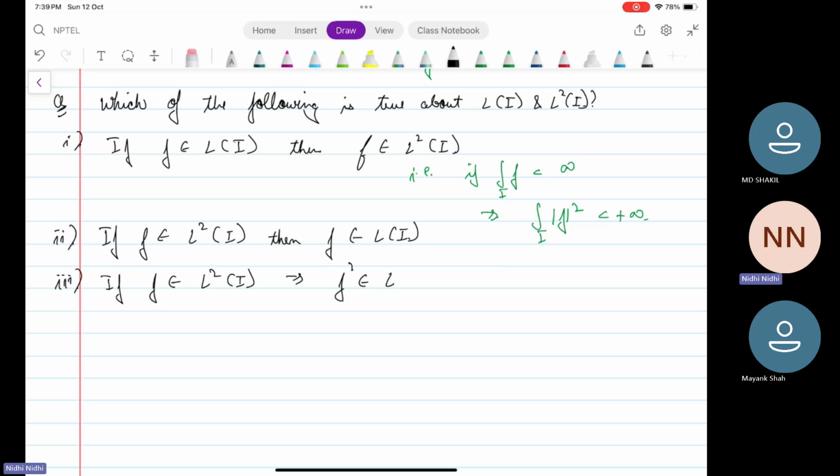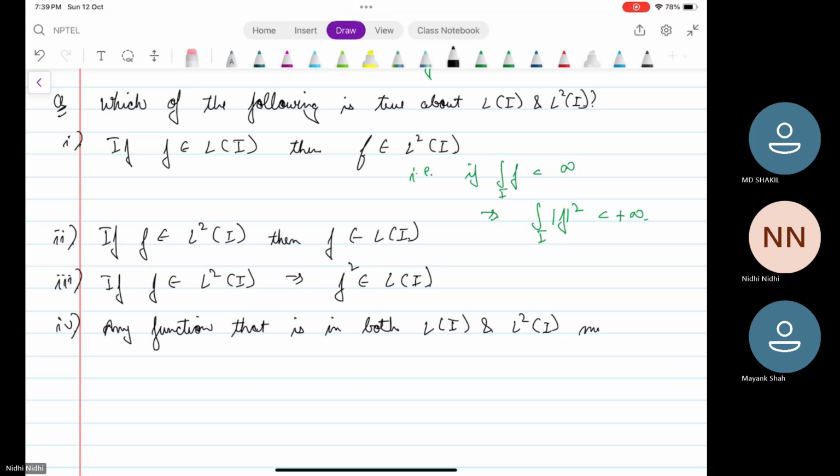And the fourth one: any function that is in both L1 and L2 must be bounded. That need not be true. We can look for some example for that.